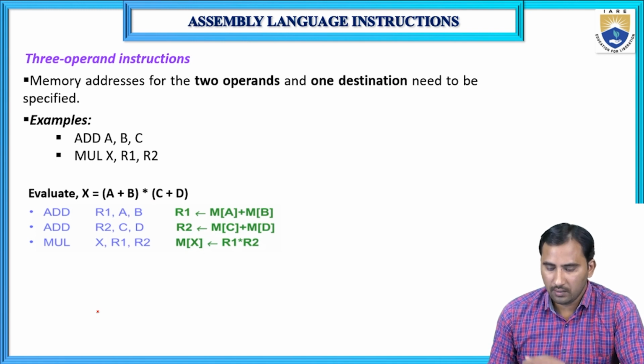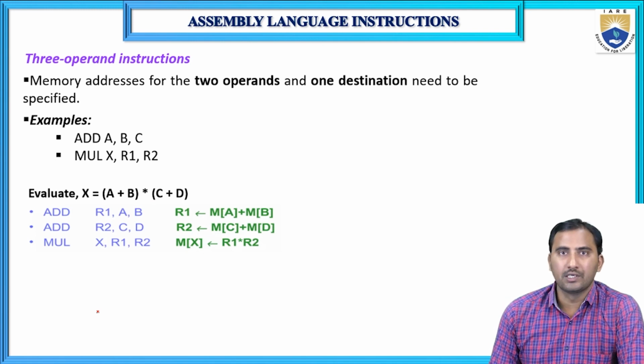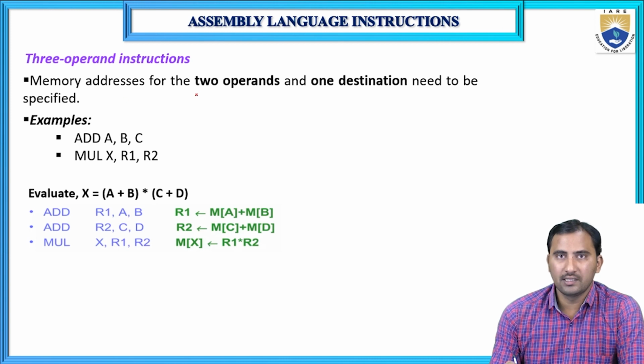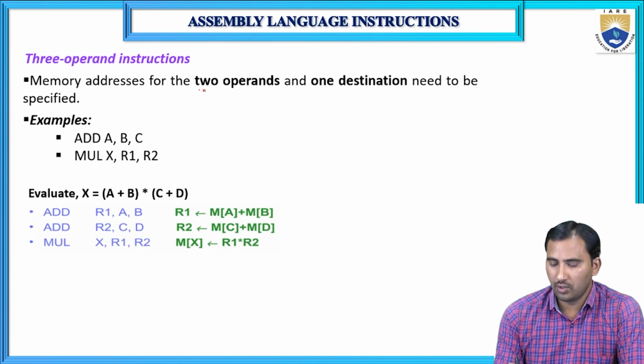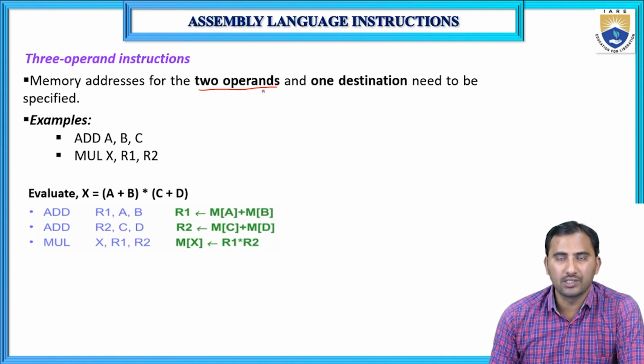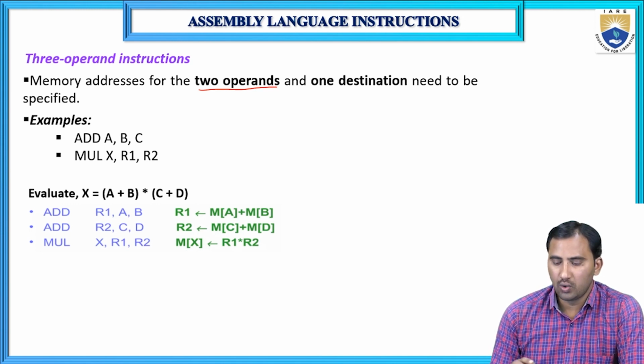And three operand instructions. Memory addresses for the two operands and one destination. So for this type of instruction it requires two source operands and one destination operand.